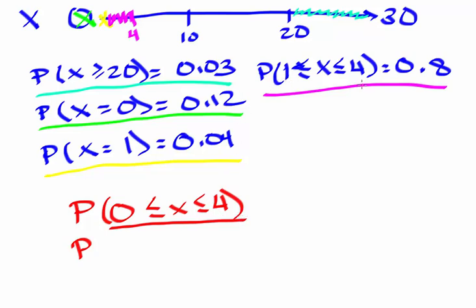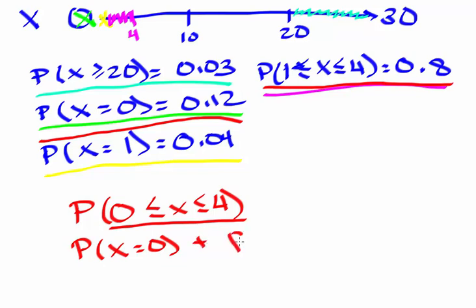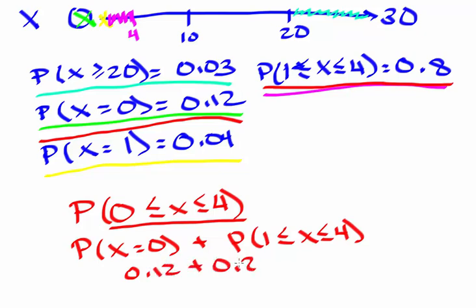The range between 1 to 4 is covered in this probability, and the range of 0 is covered in this probability. So we add the probability of x equals 0 plus the probability for the range between 1 to 4, which is 0.12 plus 0.8, which is equal to 0.92, or 92%.